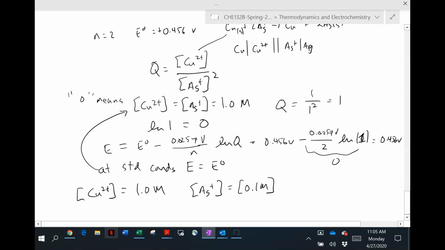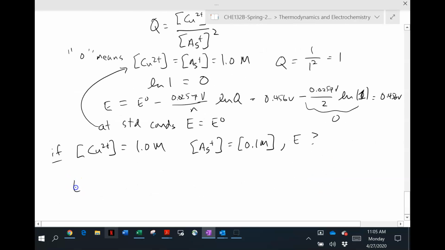So there was initially no copper ion and silver ion in solution at maybe 1 molar, and over time the silver ion's gone down and the copper ion's gone up. The stoichiometry doesn't work out. I guess the silver ion would have had to have been 2.1 molar, not 1.0 molar initially. You can figure that out, I'm sure. But we have these conditions. What's the potential at that point?